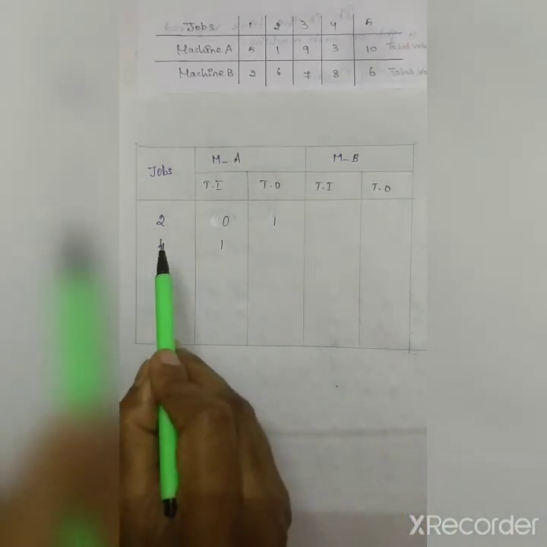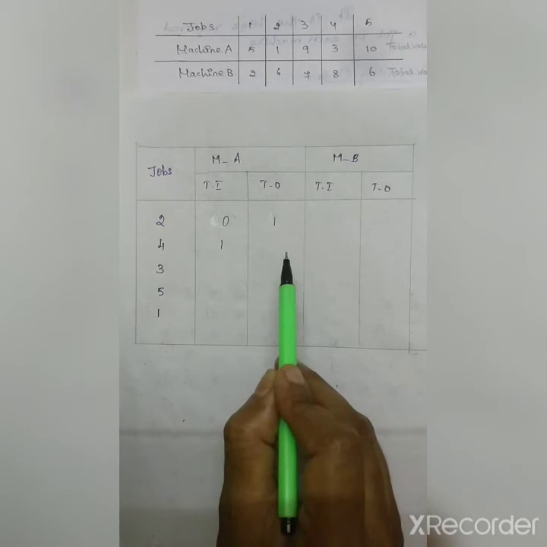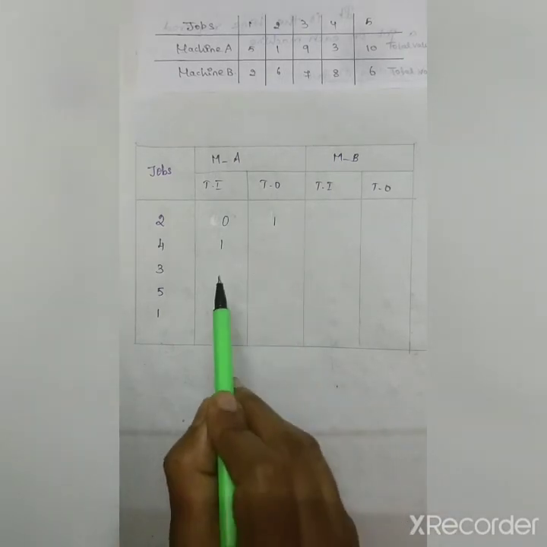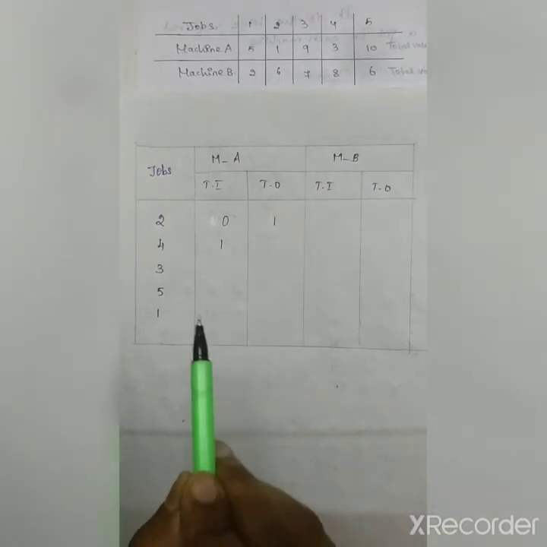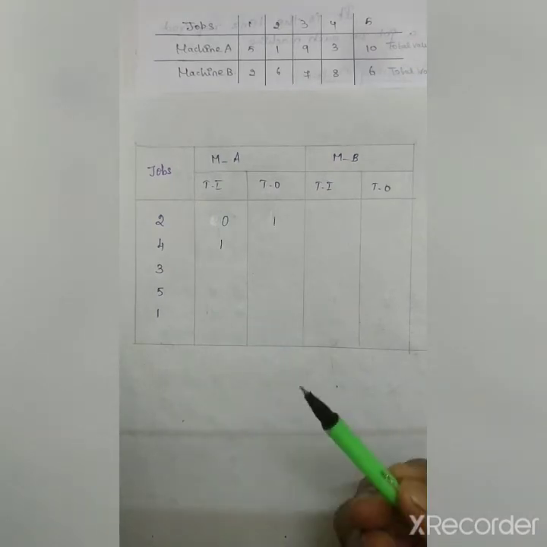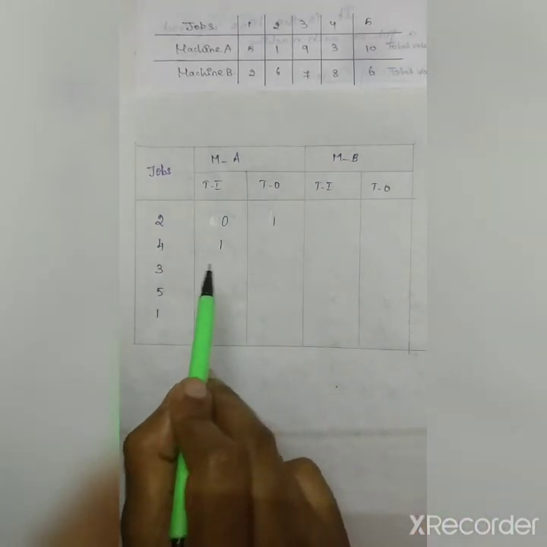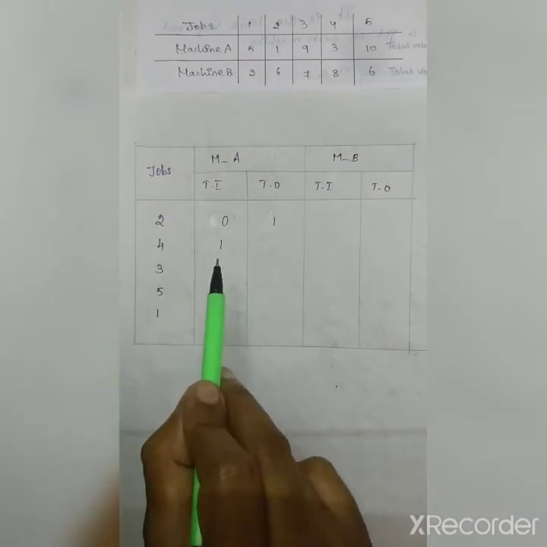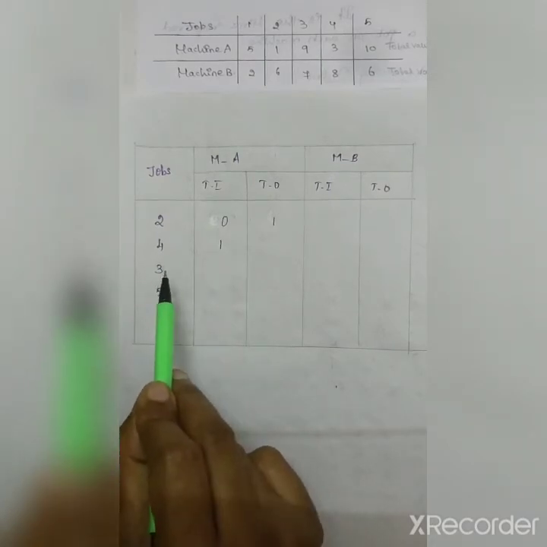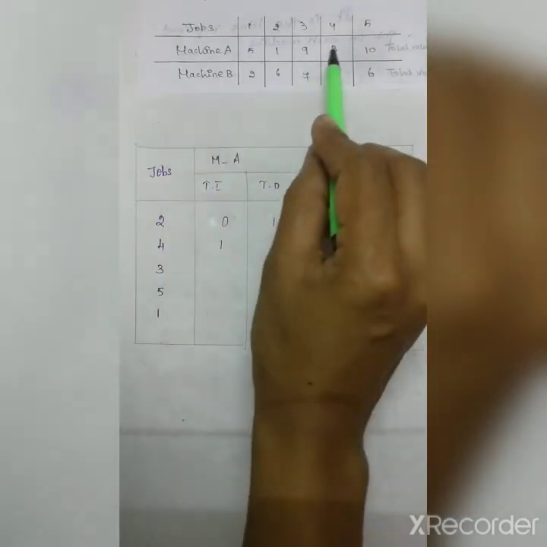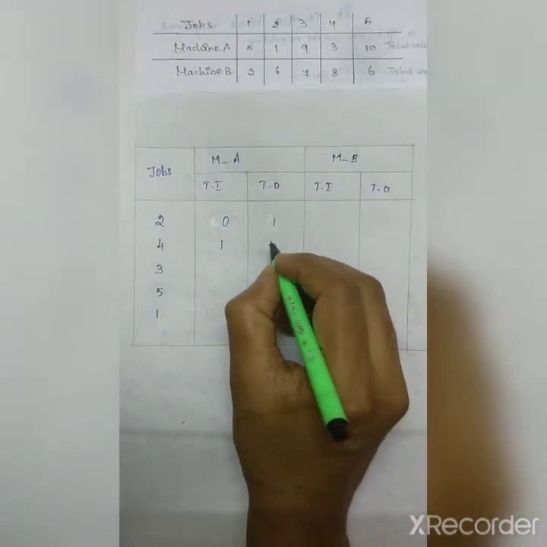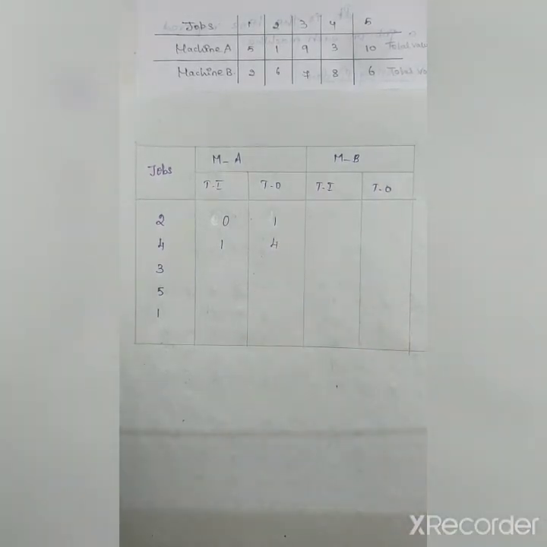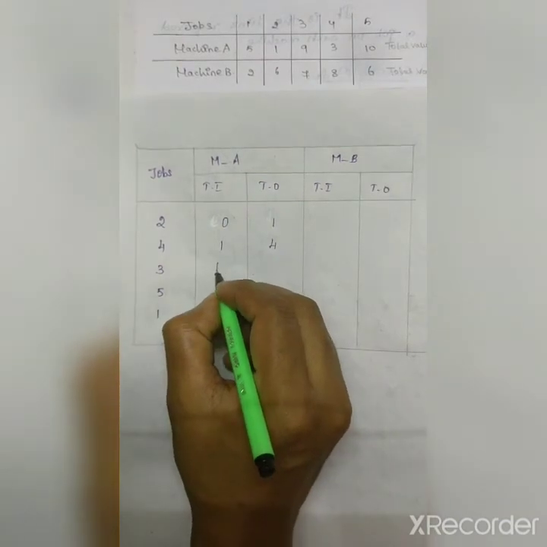So the time in for the fourth job is 1. The processing time for the fourth job on machine A is 3, so 1 plus 3 is 4. The next job, job 3, appears in machine A after 4 hours, so its time in will be 4.